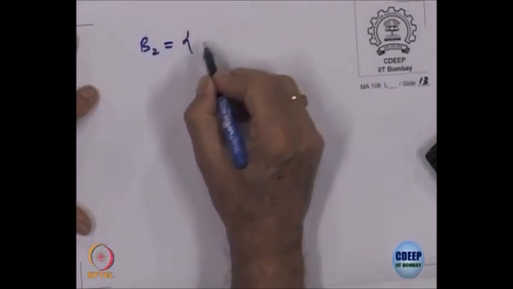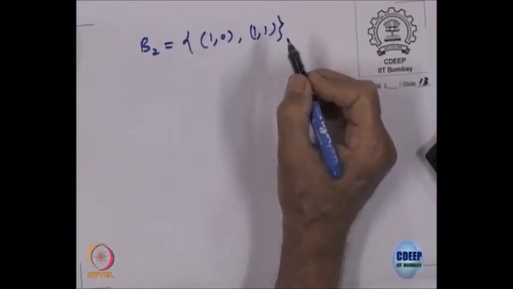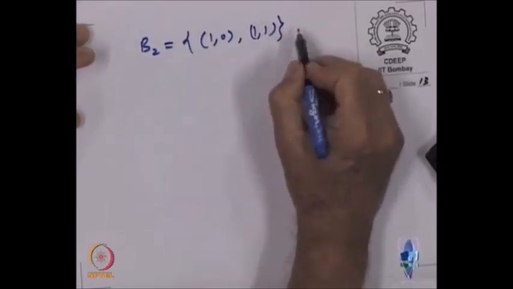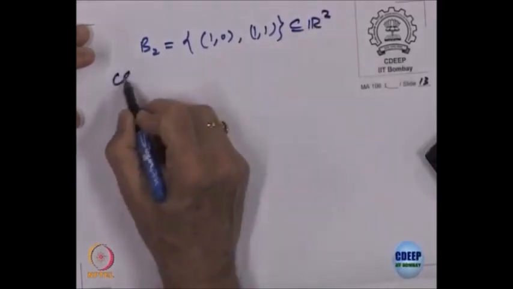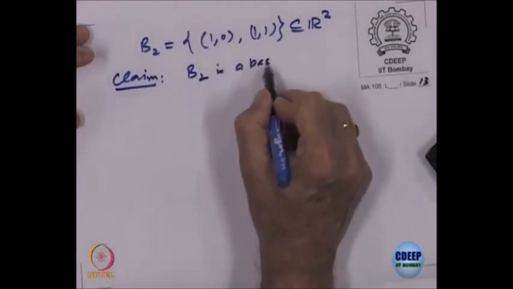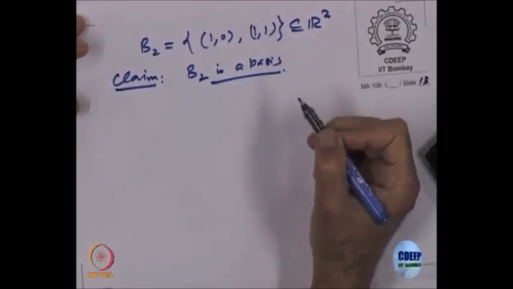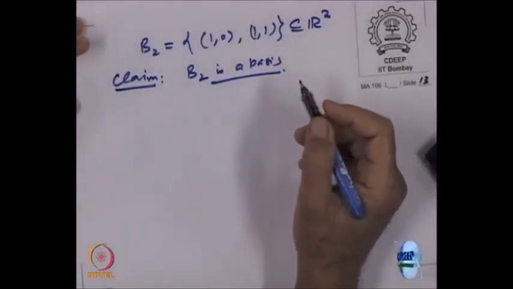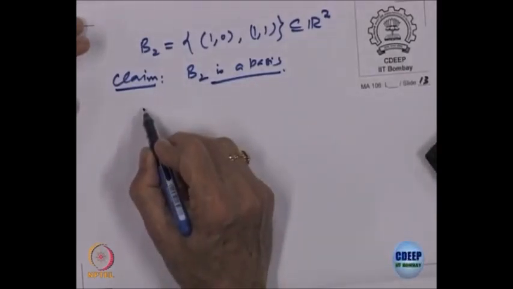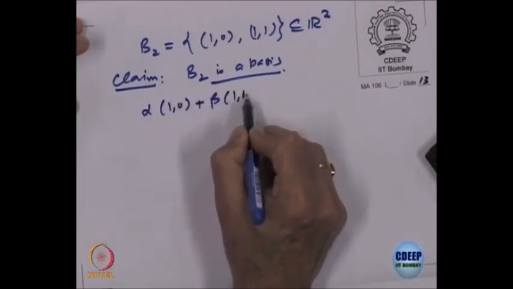Let us construct another basis. Let us look at B2, say I keep (1, 0) and take (1, 1). That is another set in R2. Claim: B2 is a basis. I can use any one of those three. Let us check independence first. Alpha of (1, 0) plus beta of (1, 1) equal to 0.